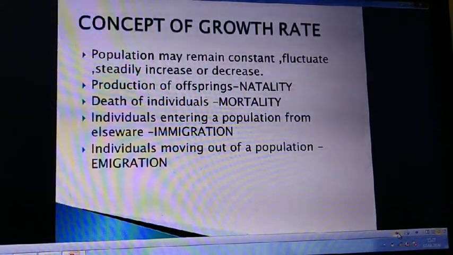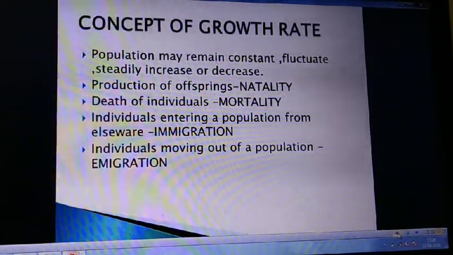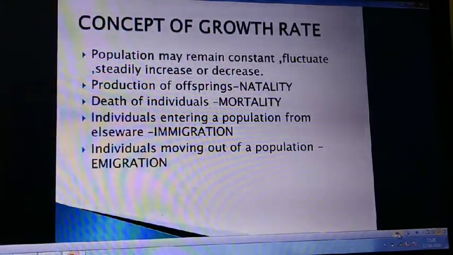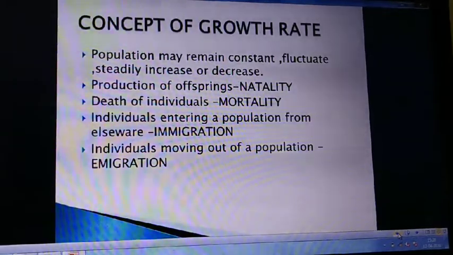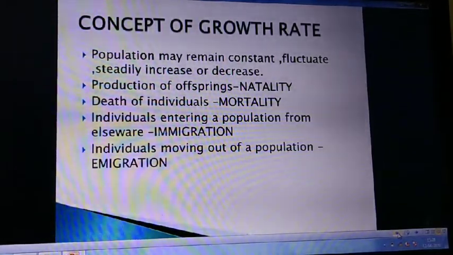Also, the individuals entering a population from elsewhere, that is immigration, and the individuals moving out of a population, that is emigration. Now, the population growth rate increases by two factors, that is natality and immigration, that is the population entering, and it decreases by combining the two terms mortality and emigration.